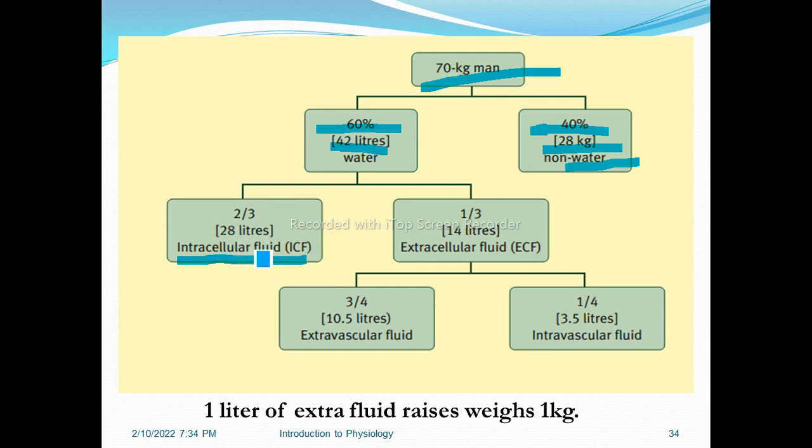One third, 14 liter, is known as extracellular fluid, outside the cell. Extracellular fluid is divided into 10.5 liter extravascular fluid and 3.5 liter intravascular fluid. One liter of extra fluid raises weight by 1 kilogram, so 1 liter and 1 kilogram are equivalent.